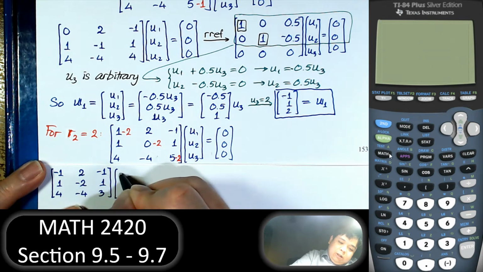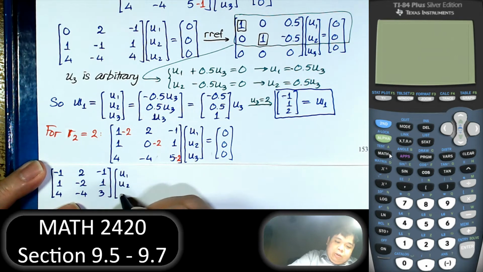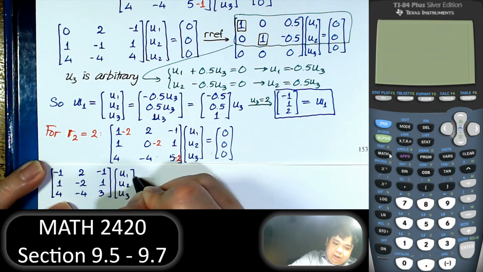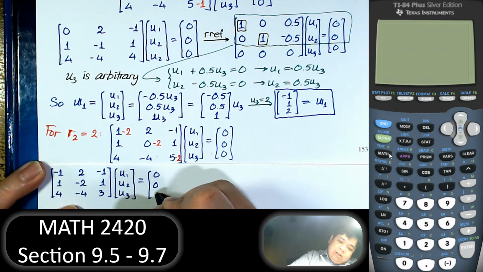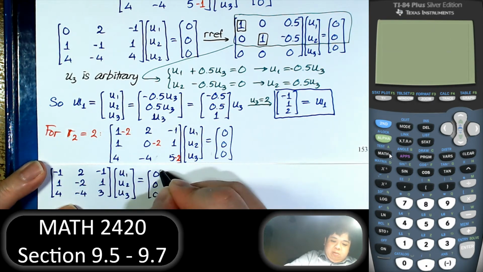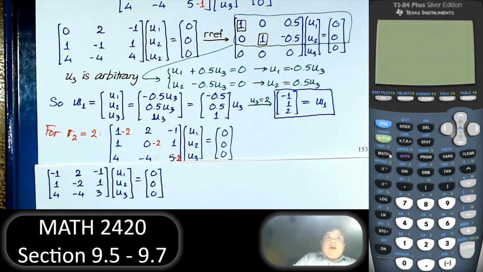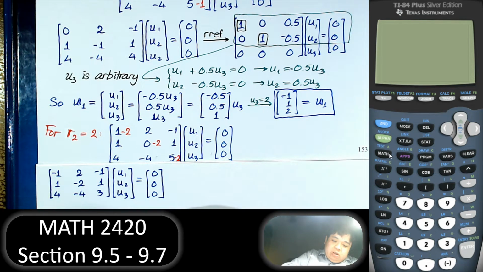Right. U1, U2, U3 have to be equal to 0, 0, 0. Yeah, just subtract the eigenvalue on the diagonal, then the usual echelon form.